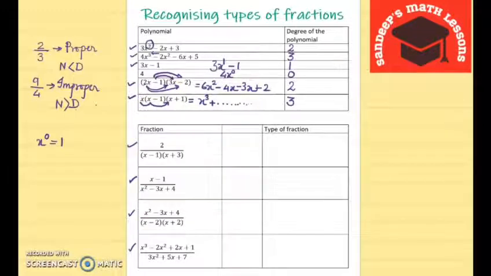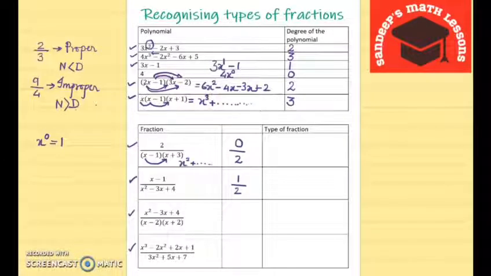In the first fraction, 2 is a constant. That means the degree of the polynomial in the numerator is 0 and the degree of the polynomial in the denominator must be 2, because if I open it, I will get x squared plus some other terms. Similarly, in the next fraction, the degree of x minus 1 will be 1 and the degree of x squared minus 3x plus 4 will be 2.